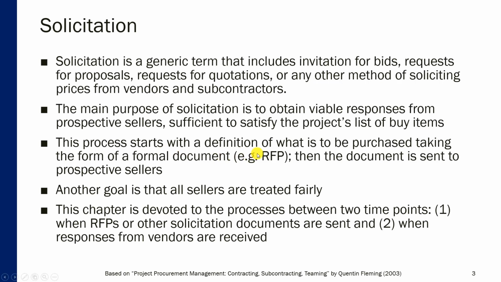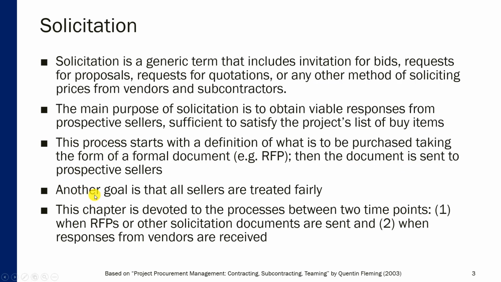Again, depending on the nature of the procurement, this document can be called request for proposal, and this is probably the most common name, or request for a quote, or request for information, and there are many other variations of the name for this document. So once again, this process starts with the definition of what is to be purchased, taking the form of a formal document, and then this document is sent to the prospective seller. So those are the two starting points of the solicitation process.